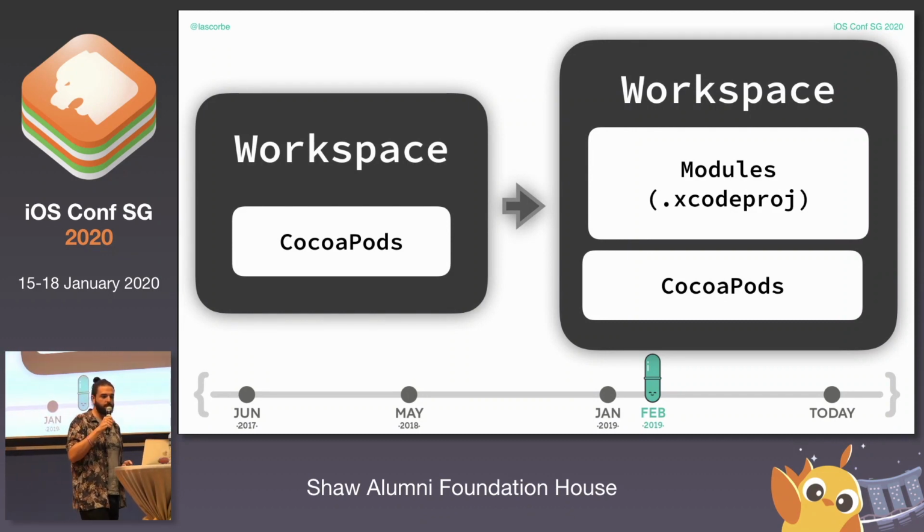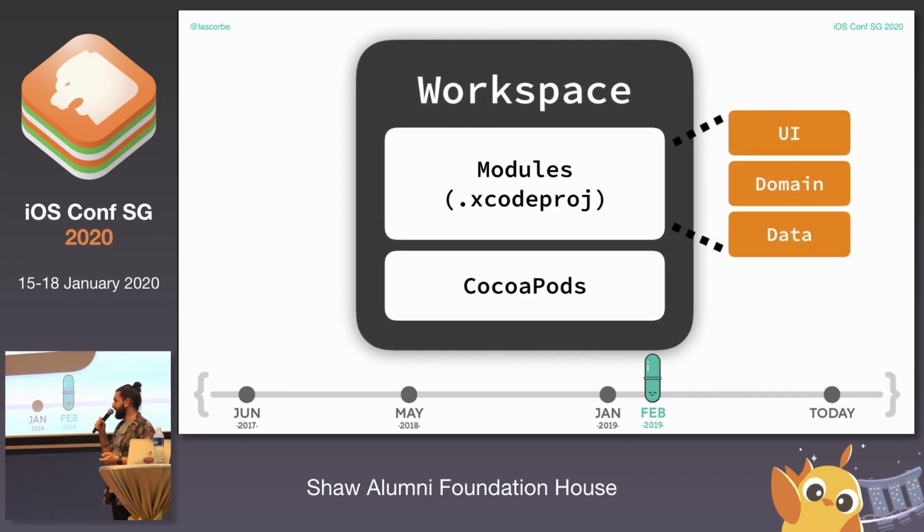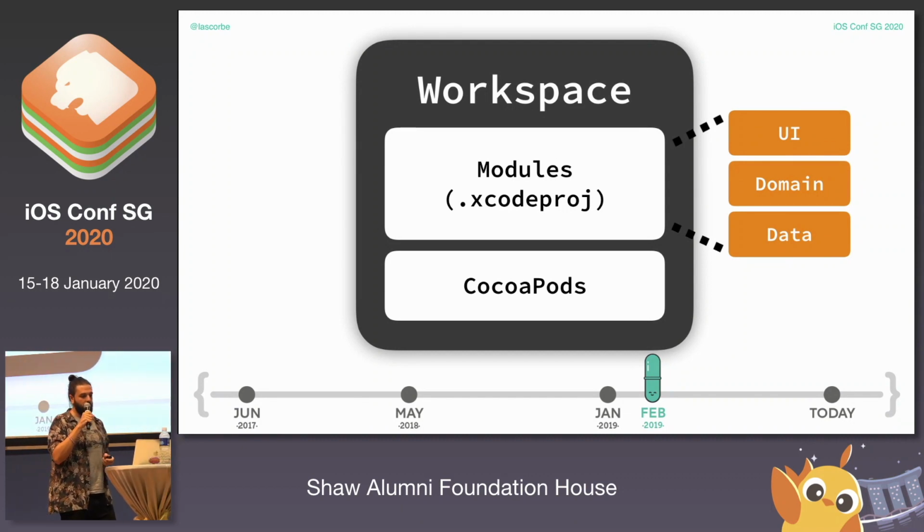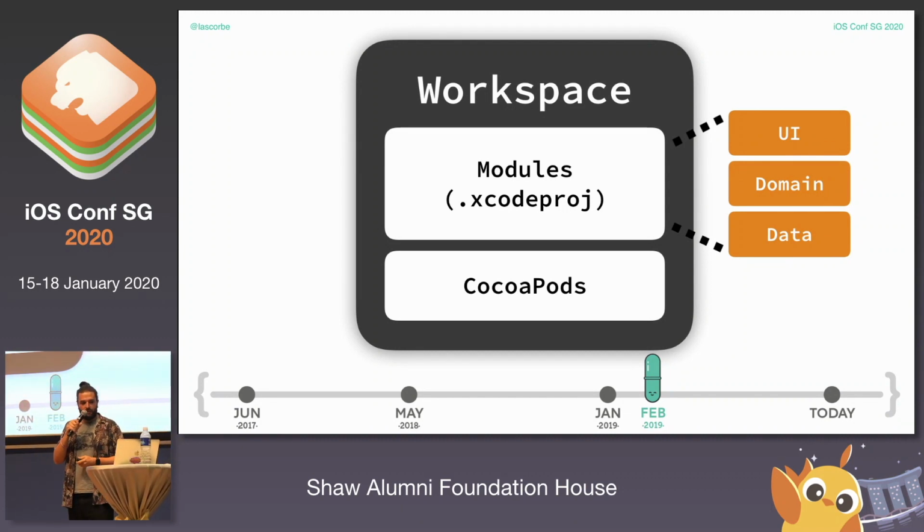We again moved all the models we had as development pods into Xcode projects within the workspace. And remember that means 3 horizontal models, which were the API client, the domain with the business logic models, and the common model with some helpers and other stuff, and a couple of vertical models. But this time, we wanted to really tackle the dependency between models, which was a pain point.